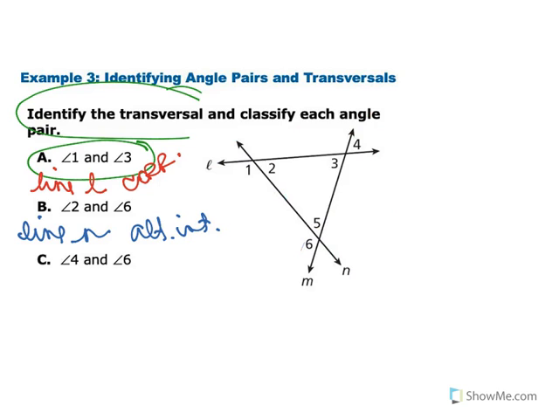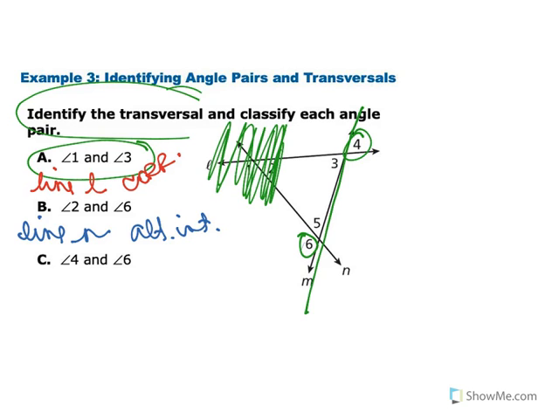Okay, and then last but not least down here, we've got angle 4 and angle 6. So these guys over here don't matter at all to us. And notice that it was this line right here that's cutting through these 2 lines. So this line is touching both of the angles, so line M is our transversal.